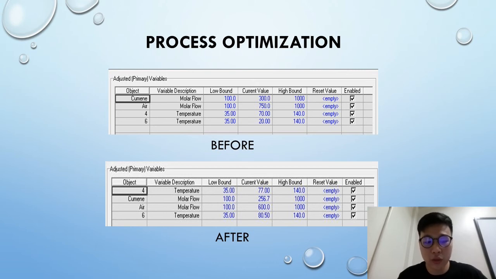But after the optimizer, the mass flow rate for cumene decreased to 256.7 kg per hour, and the air molar flow rate decreased to 600 kmol per hour. So this will increase our maximum profit of phenol by decreasing the utility costs of the process.